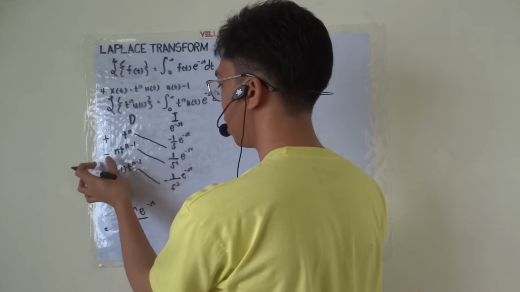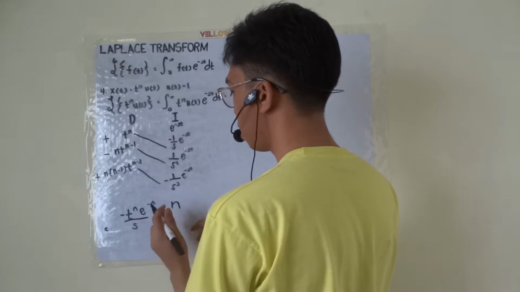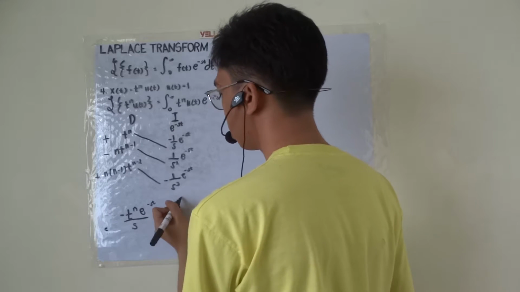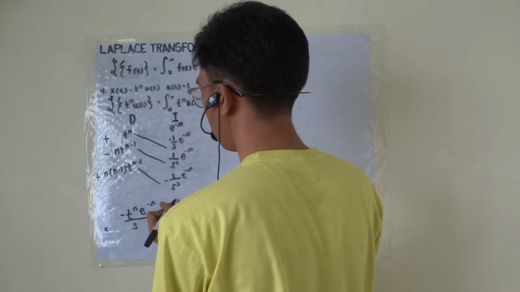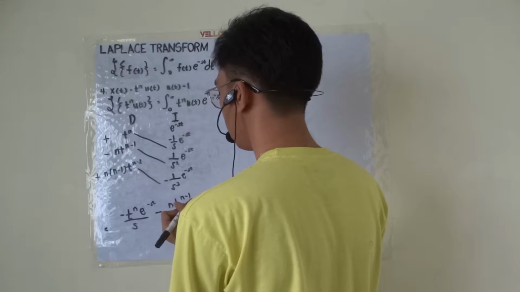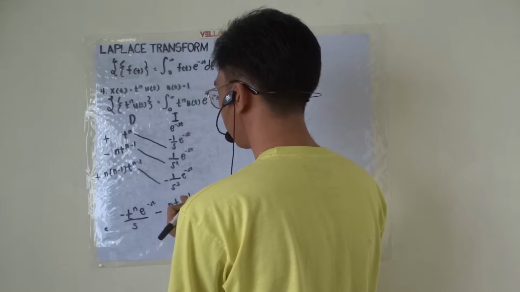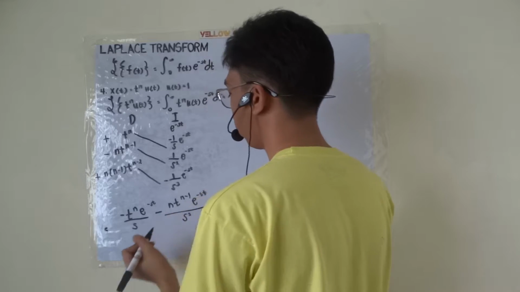We have negative here, so we will have negative n t, or write this as n t raised to n minus 1 e raised to negative st over s squared.